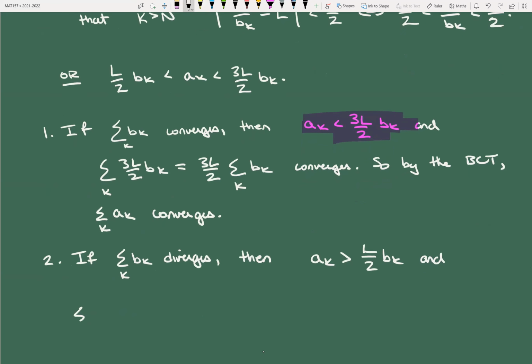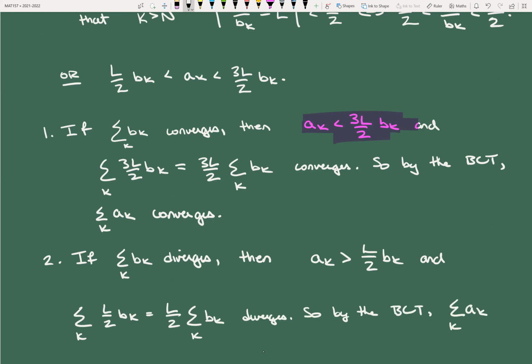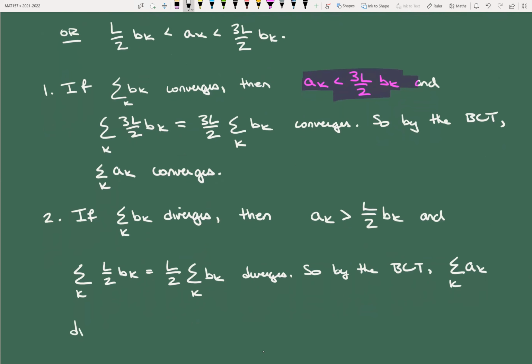And of course, if I throw the L over 2 in there, that doesn't affect divergence. So by the basic comparison test, the sum diverges. And we're done.